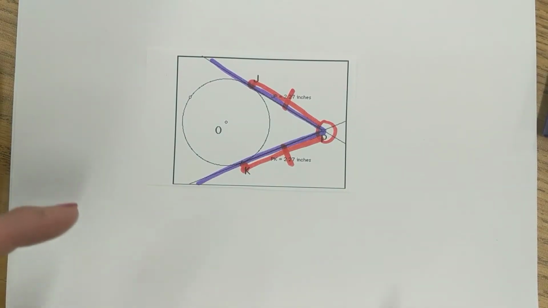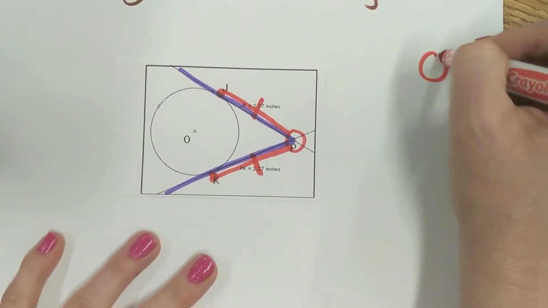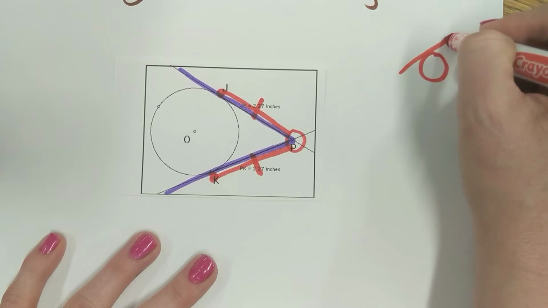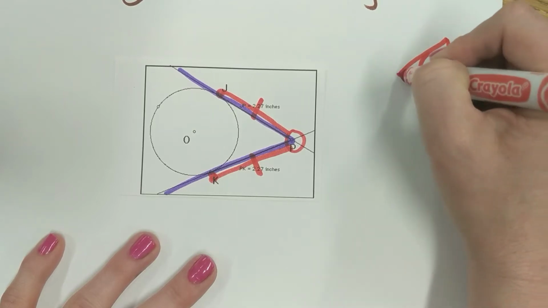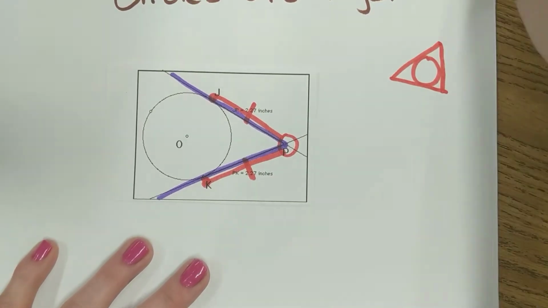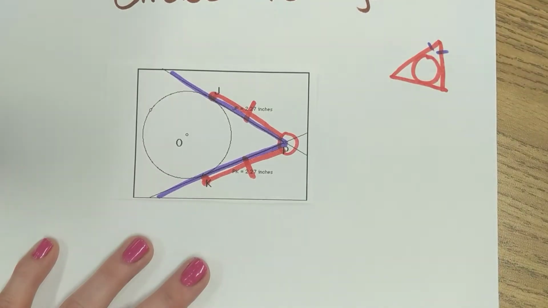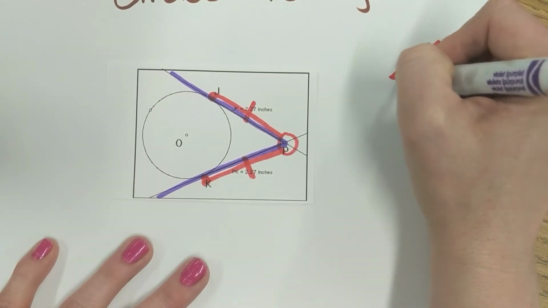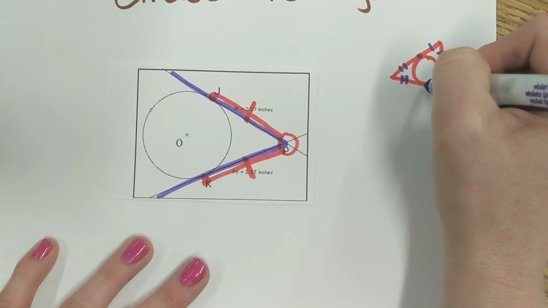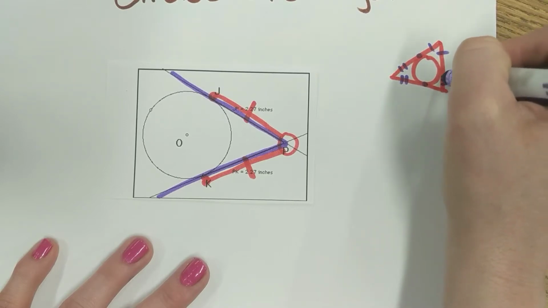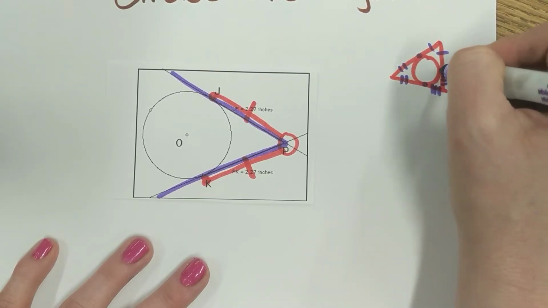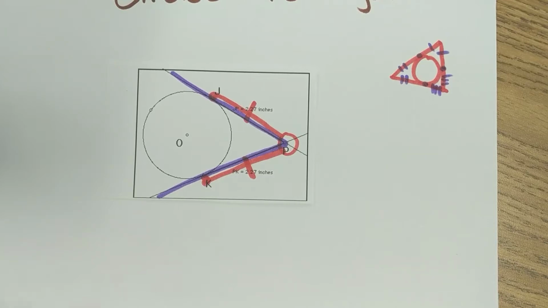This is good for those problems where you have a circle inside of a shape like this. So you would know that this part equals that part, this part equals that part, and this part equals this part.